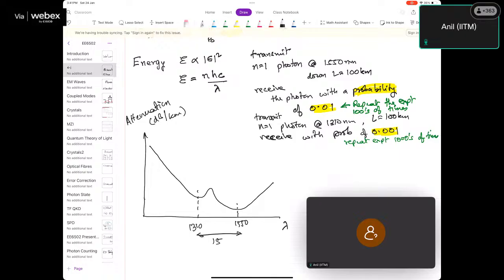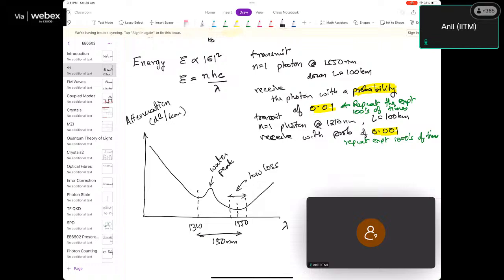This separation is about 150 nanometers. So from the scale of this graph, you should be able to see that there is a region out here that is low loss. Incidentally, I forgot to mention this little peak out here is called the water peak. That's because the glass has some water content and water will absorb light at this wavelength around 1400 nanometers.